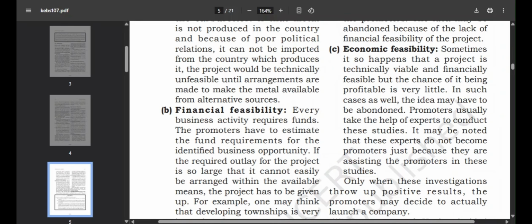In such cases also, the idea would have to be abandoned. So promoters usually take the help of experts to conduct these studies. It's not necessary that the promoter undertakes them himself, meaning the company is not hiring a promoter, okay.